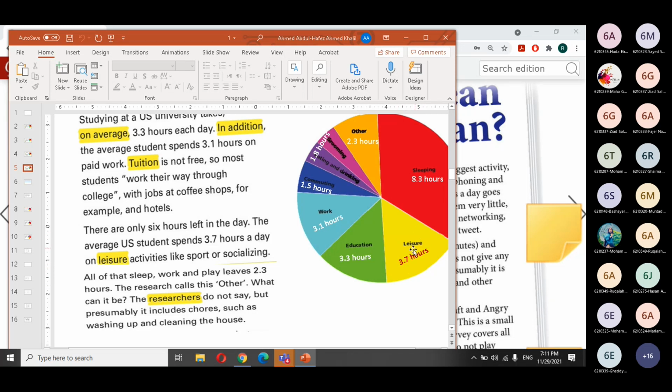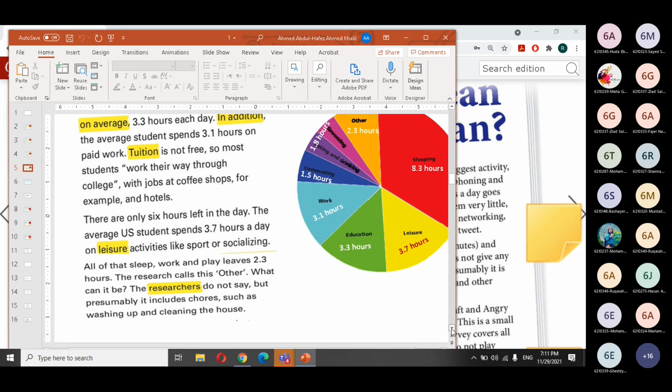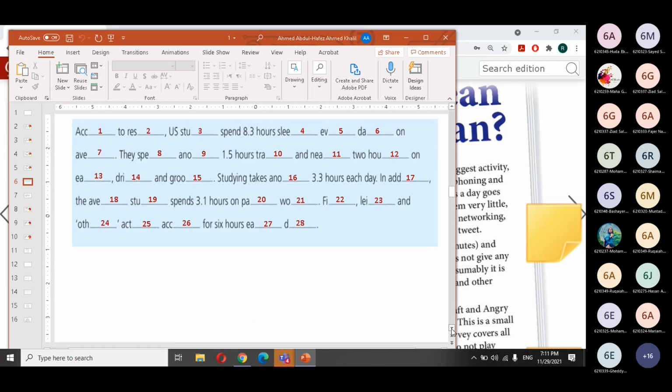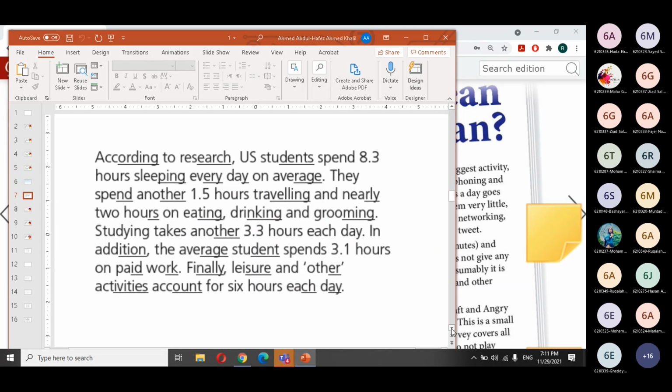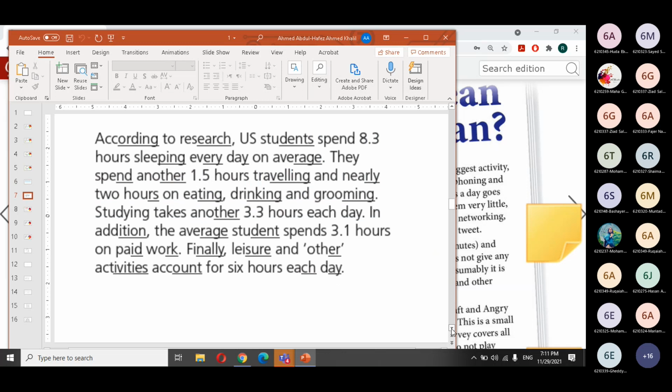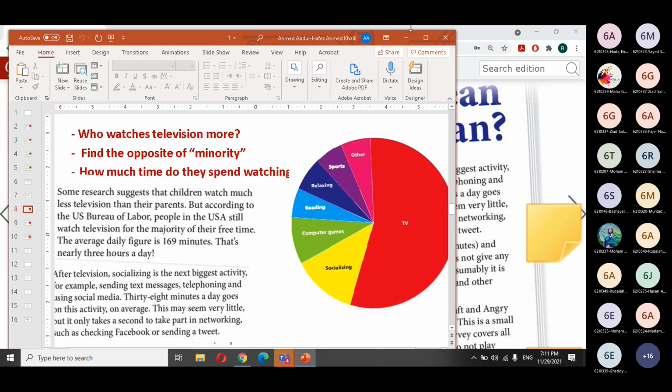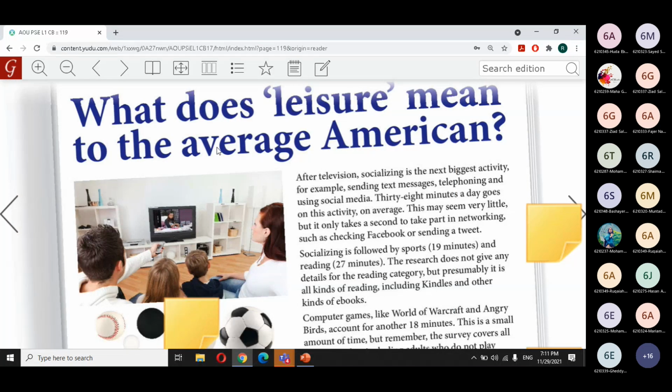So leisure is part of the day activity. And we said leisure means free time activities, things you do when you are free. The activities you do in your free time, we call it leisure.